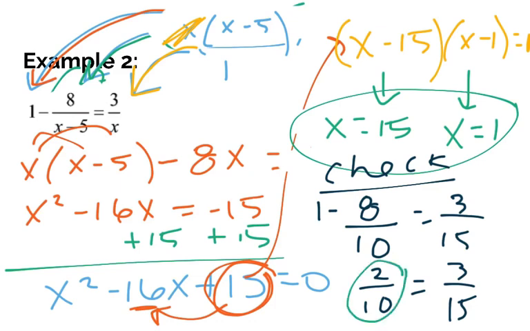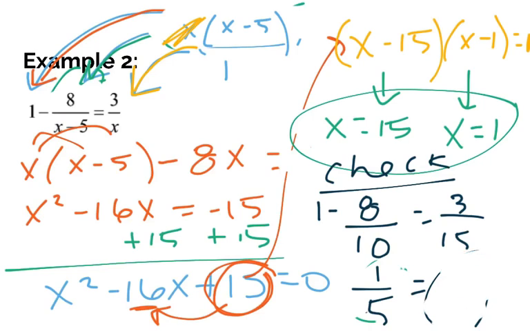So 2 tenths, if you divide them by 2, you'd get 1/5, so I'm going to erase that and write 1/5. Or you could also just simplify that on your calculator and do math frac. And then 3/15, you can divide both those by 3. 3 divided by 3 is 1, and 15 divided by 3 is 5. So both sides equal 1/5, which means x equals 15 is an answer.